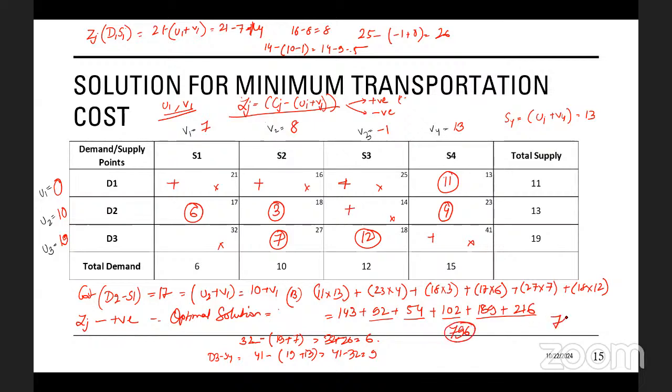So 796 is basically our minimum transportation cost for this problem.